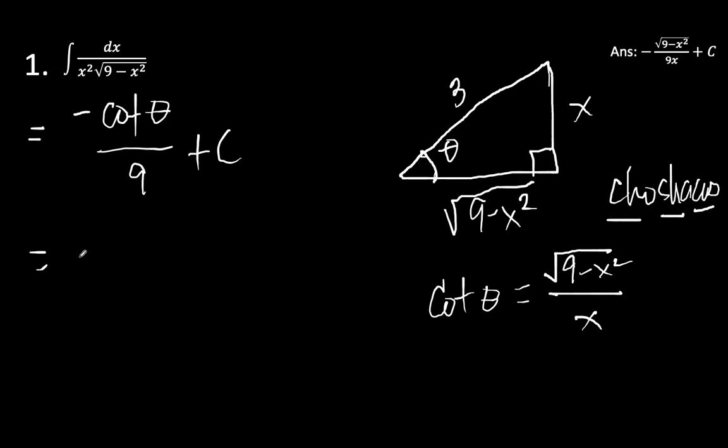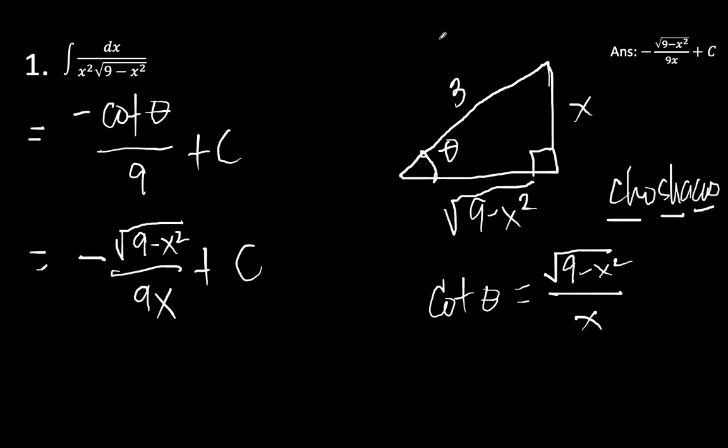So let's substitute that here. So this becomes negative the square root of 9 minus x squared over 9x plus c. I just simplified the expression. Or the square root of 9 minus x squared over x, over 9. And once you simplify that, you will get this.